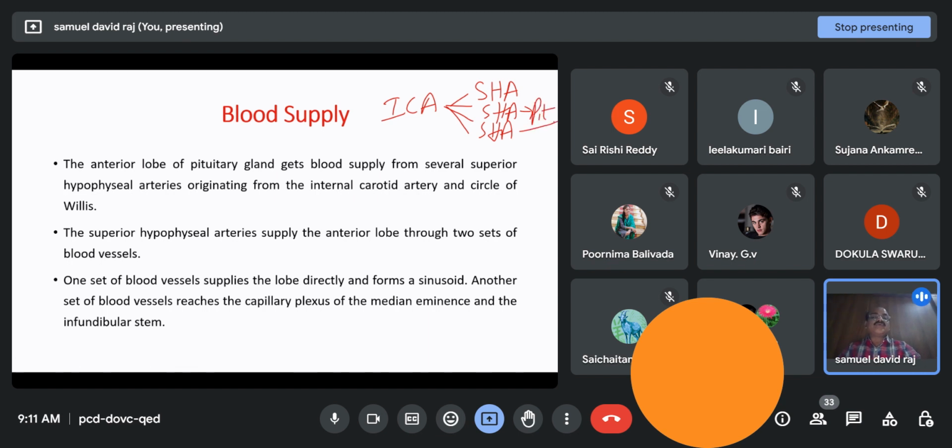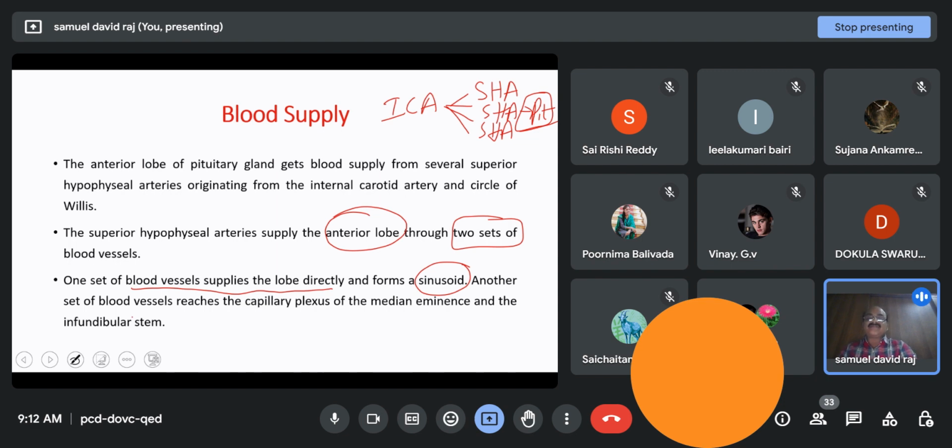To which part do they supply? They supply blood to the anterior lobe through two sets of blood vessels. I'll show it in the diagram and draw this, then you'll understand. One set of blood vessels supplies the lobe directly and forms a sinusoid.